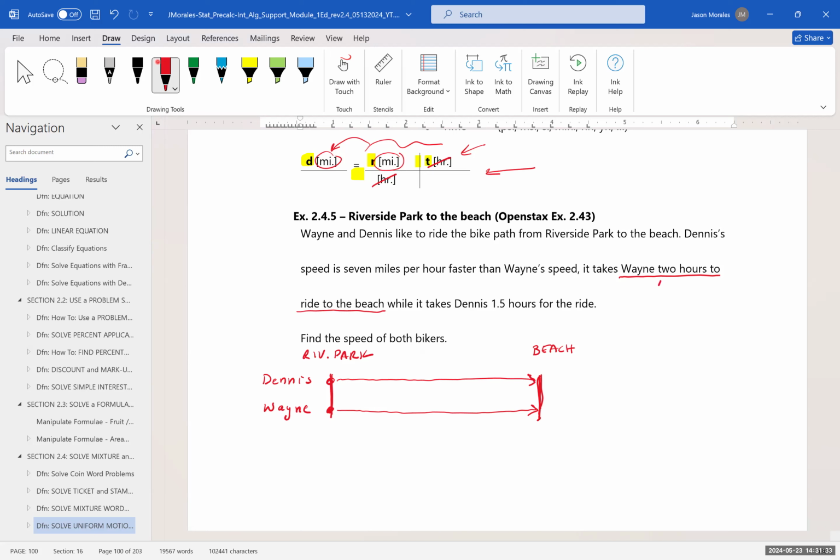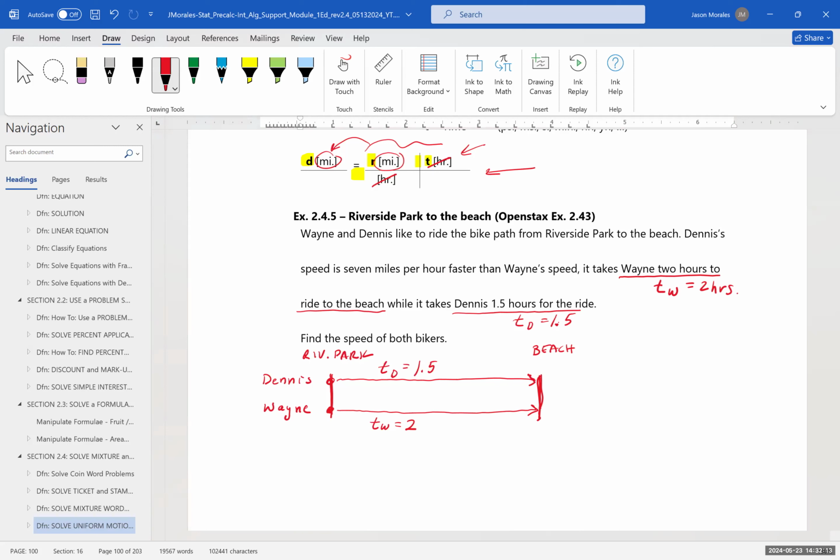So this is going to be time for Wayne, and that takes him 2 hours. So if we come down to our picture for Wayne, the amount of time it takes him is 2 hours. While it takes Dennis 1.5 hours for the ride. So the time for Dennis is 1.5.